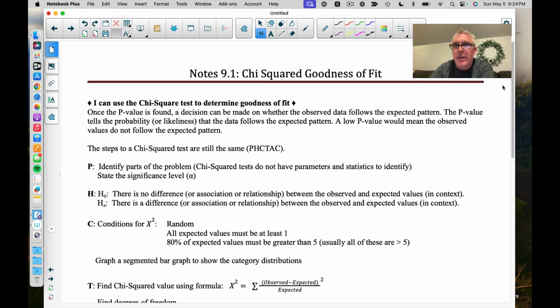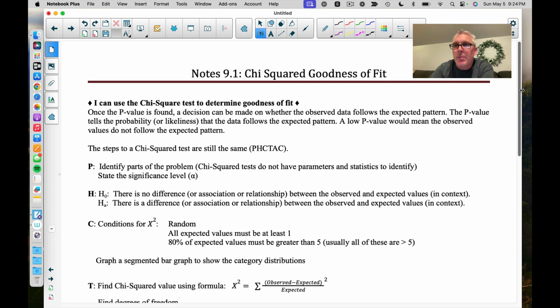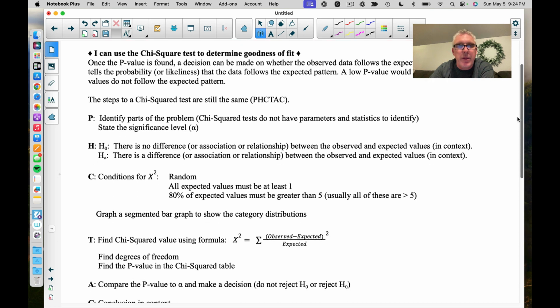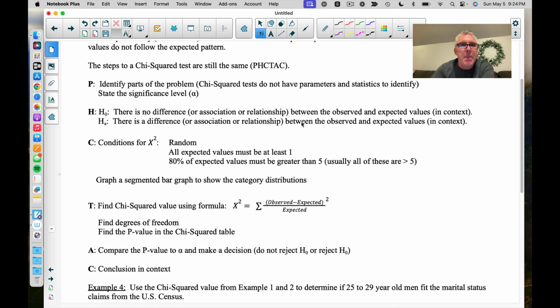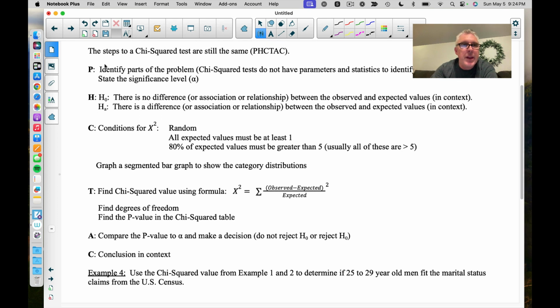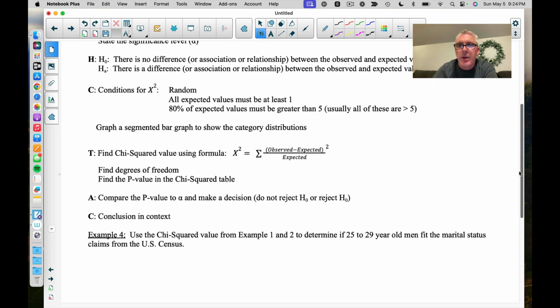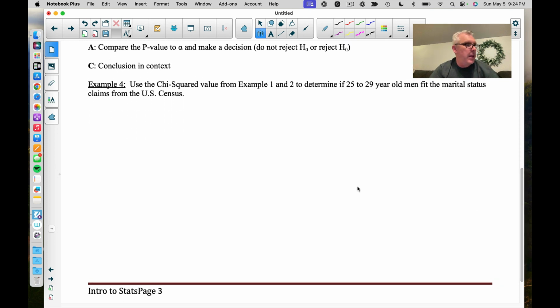All right, so how do we do a test? These are quicker than the other one. This walks you through what the test looks like. I am going to slide down here and we're going to walk through it.